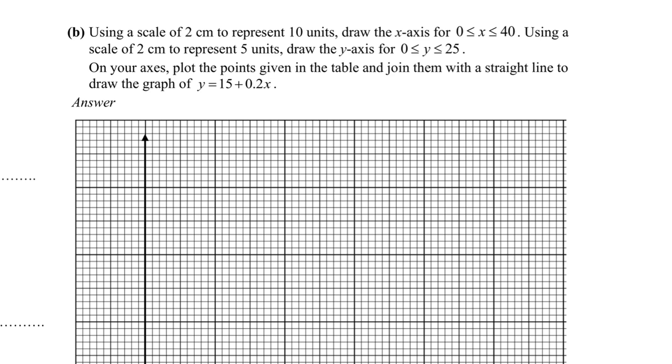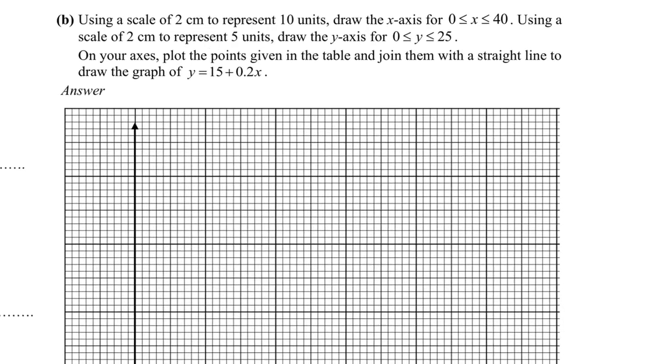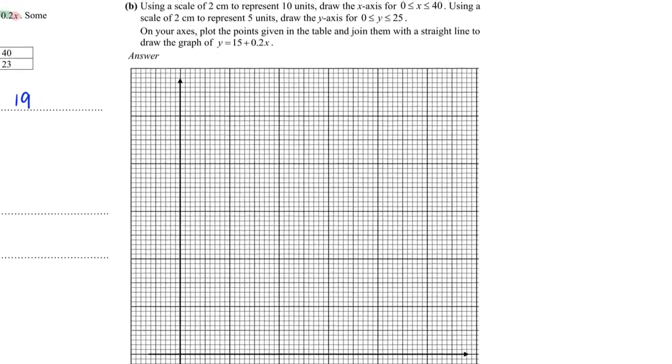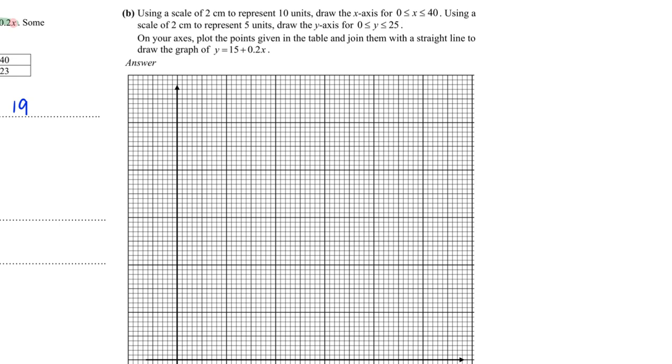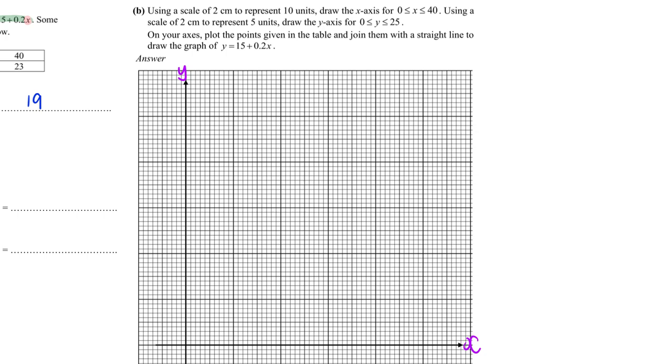2 cm is usually the big box, to represent 10 units, and a scale of 2 cm to represent 5 units for the x and y axis. So this is what we are going to do next. Given this axis, I will proceed to draw the graph. This will be my y, this will be my x, and 0 is here.